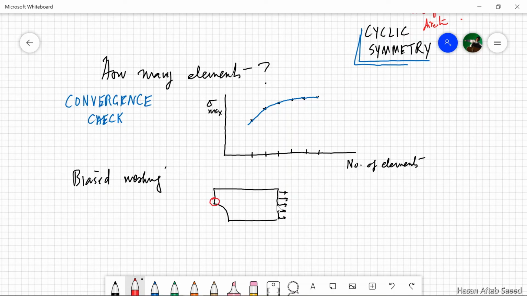So we must make the mesh very fine here. But it would be a mistake to make the whole structure using the same fine mesh, because it will need a lot of elements. In this region, in fact the bulk of this problem, you don't need a fine mesh at all. So you should make the mesh rougher here. This is rough mesh. At least it should be.